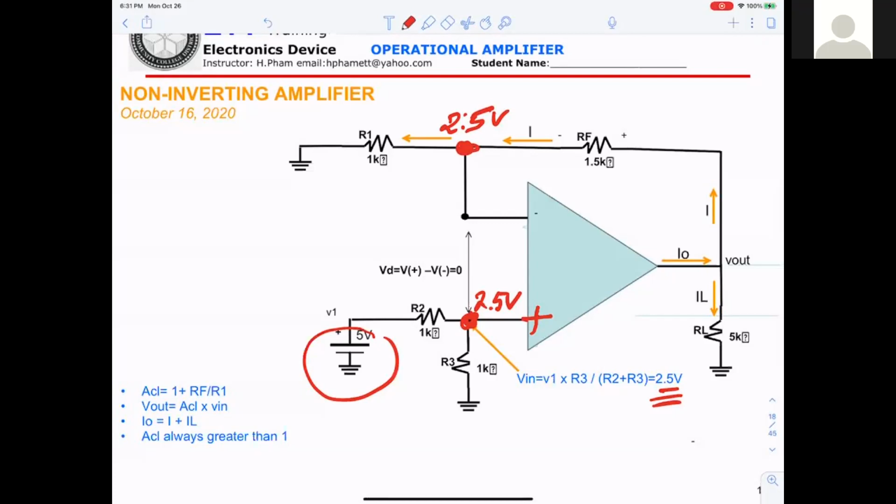Because the op amp has similar inputs. The two terminals have to match the voltage. The difference between the two inputs will be no different. If you get 2.5 volt in here, then you also get 2.5 volt in here. That explains why you get 2.5 volt.